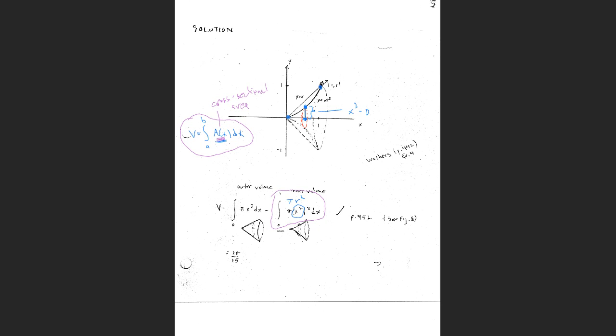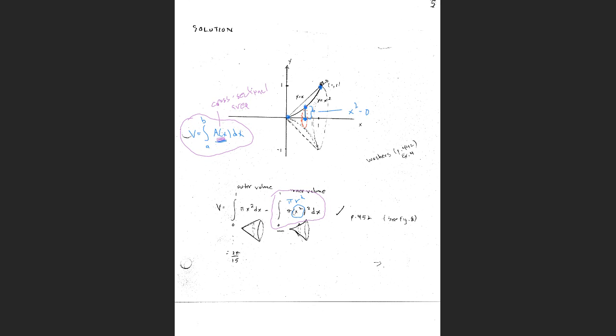But the disks are going to have different cross-sectional areas depending on where your x value is, where you're making that cross-sectional cut. The radius is the difference of y values. The y value for the parabola is just x squared, y equals x squared.